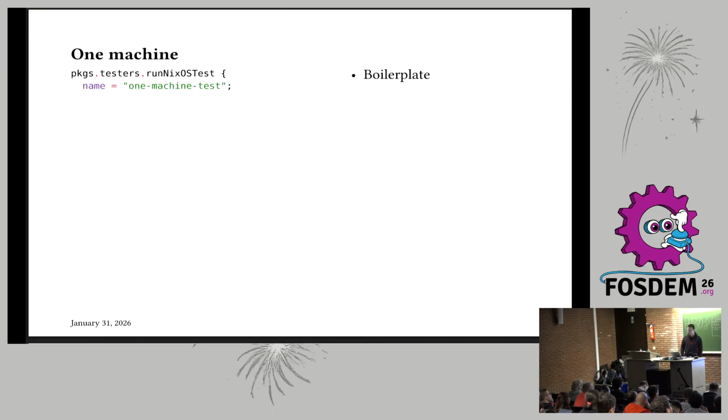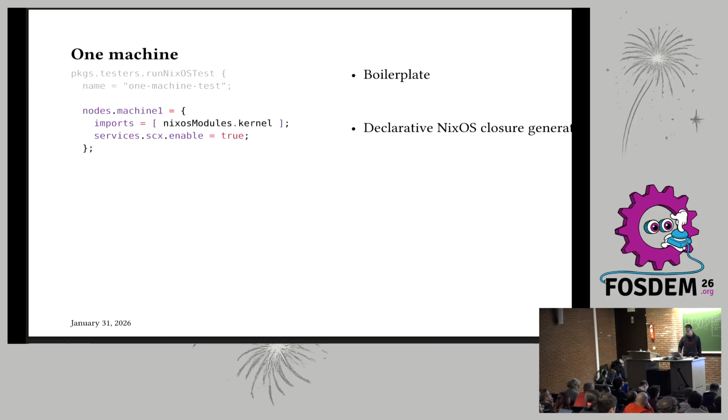And if you want to do testing on one machine, you need to do boilerplate, like the invocation function, run NixOS test, and the name for that. And then the declarative NixOS closure, like with nodes.machine name, or can be whatever name you want. And then in here, it's just a regular NixOS module, so you can write whatever you want.